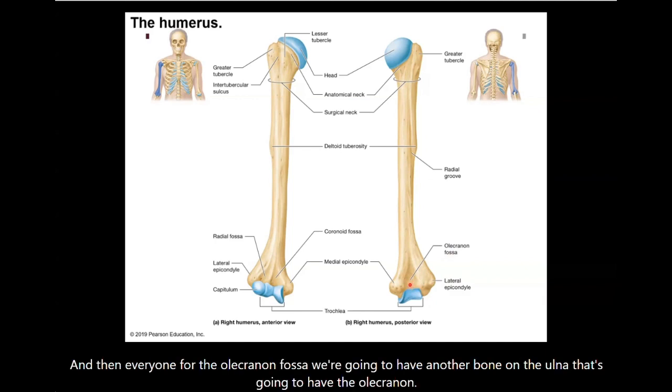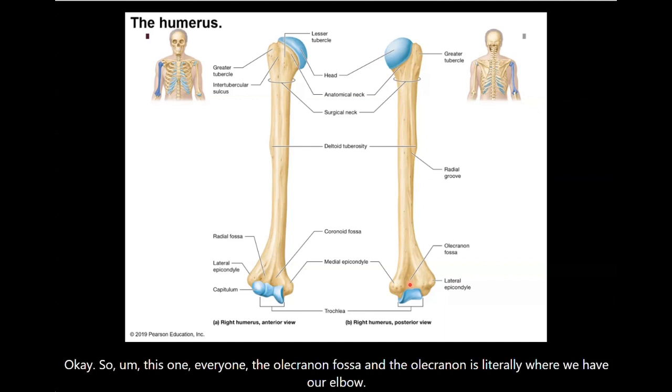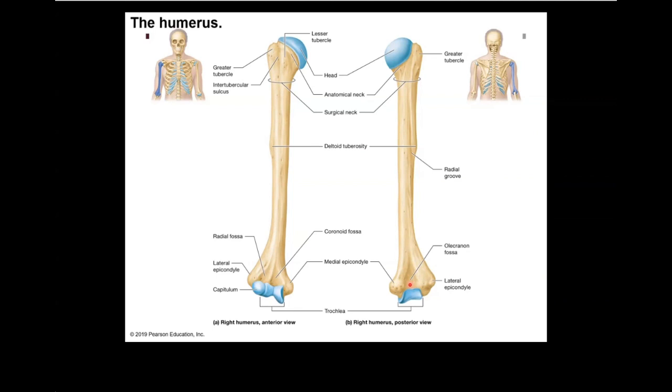For the olecranon fossa, we have another bone, the ulna, that has the olecranon, and the olecranon is going to sit on the olecranon fossa. The olecranon fossa and the olecranon are literally where we have our elbow, because this is the posterior.